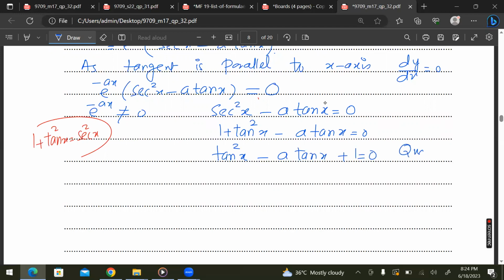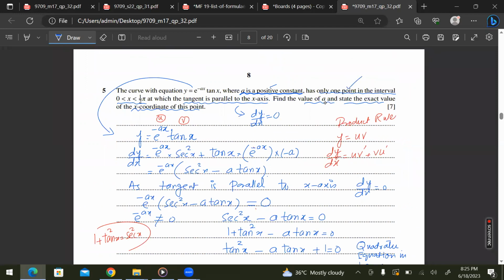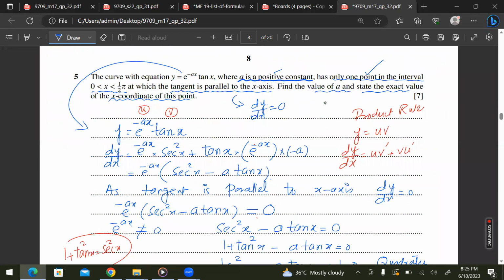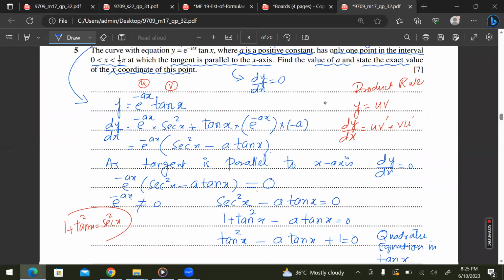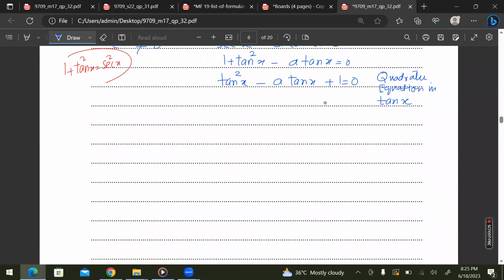So this is a quadratic equation in tan x. A quadratic equation means there are two answers, but it is mentioned that this curve has only one point in the interval 0 to pi over 2 where the tangent is parallel to the x-axis.